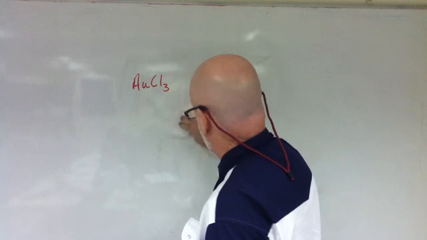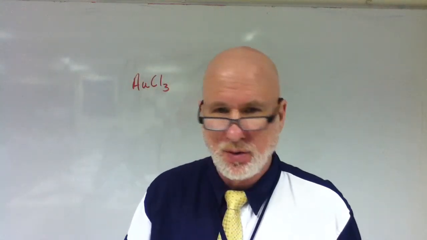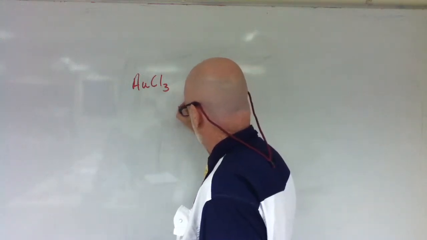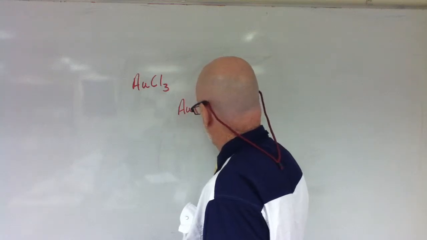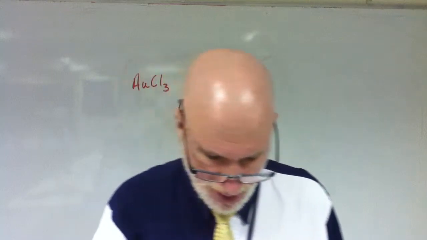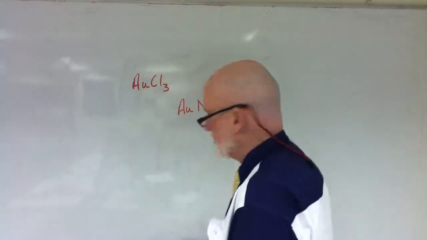Let's do another one. Let's say gold 3 chloride or gold 1 nitrite. All right, let's do percent compositions. We have two of them to do. Let's put them next to each other.